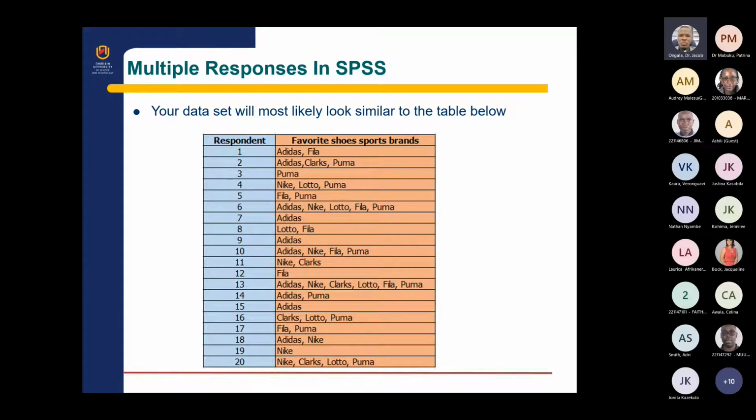So how do you end up saying which particular brand is more popular to your respondents? Assuming you have more than 1,000 respondents, will you be able to identify whether it is Fila, Puma, or Adidas that is most popular among your respondents? That is actually what multiple responses will always do.